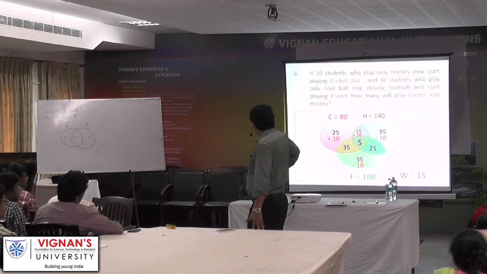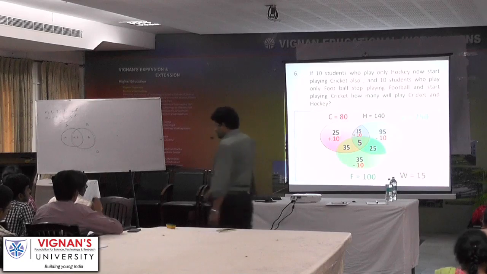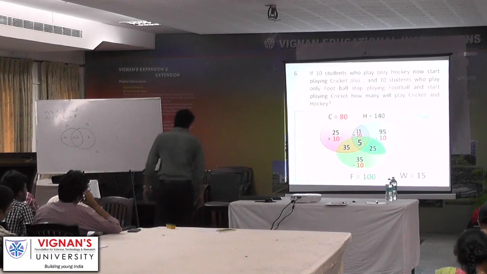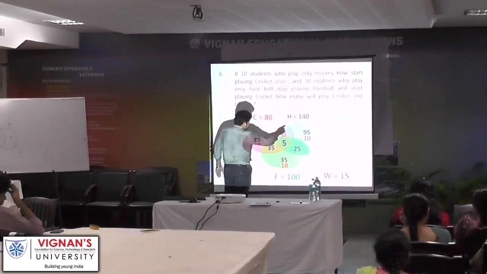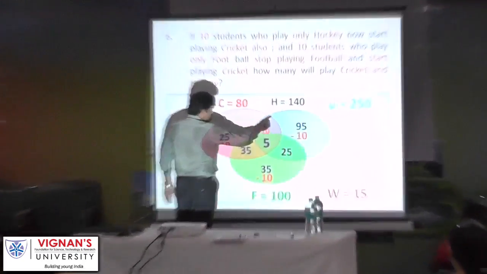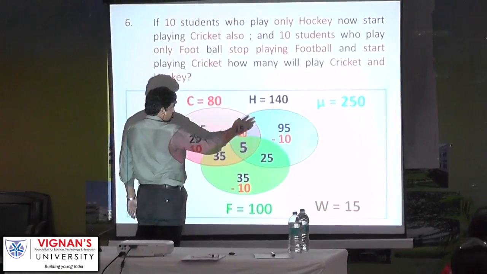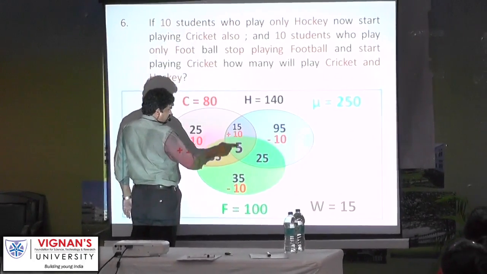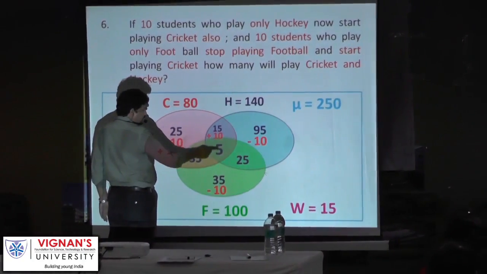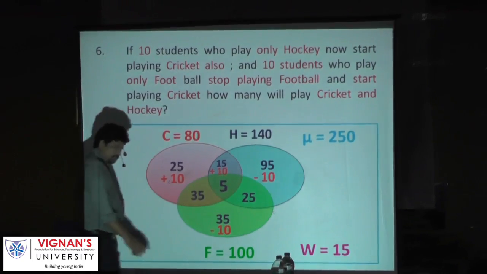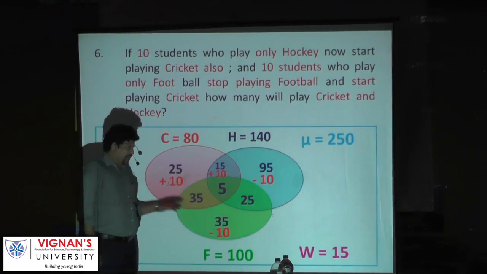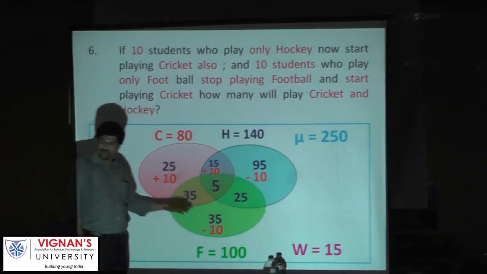How will it be 35? It should be 30. What is cricket and hockey? This region is called cricket and hockey. They play both cricket and hockey. Earlier there used to be only 20 here. Now 10 more joined. So now how many will play? These are not playing hockey, so we need not think about them.